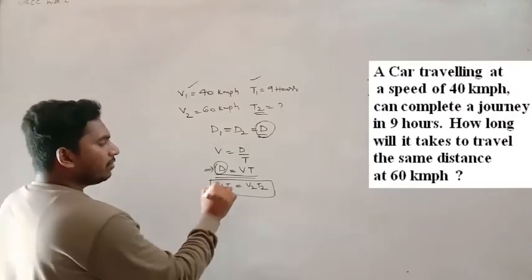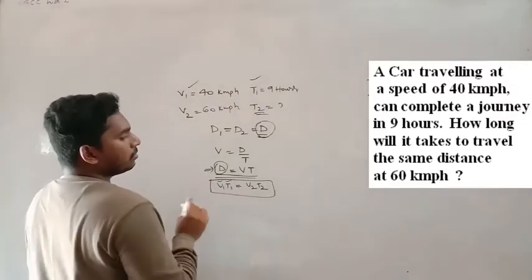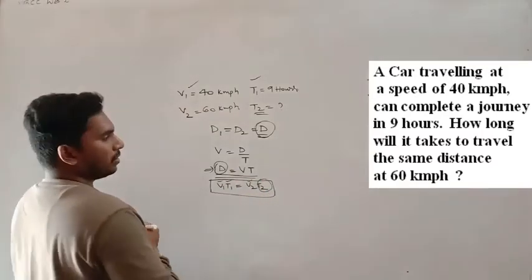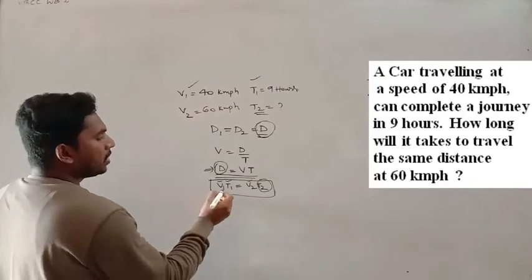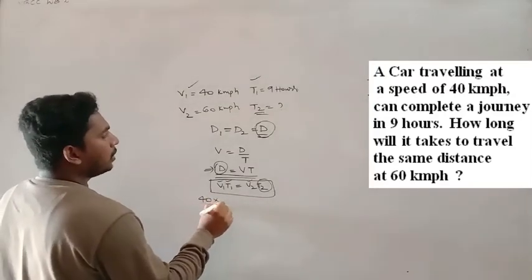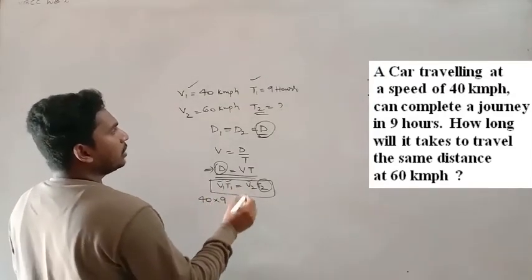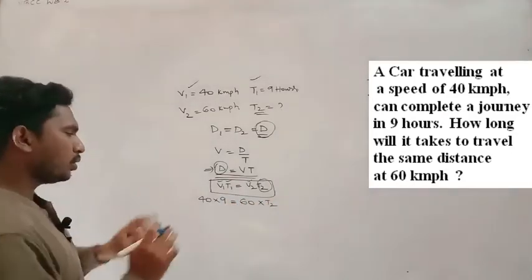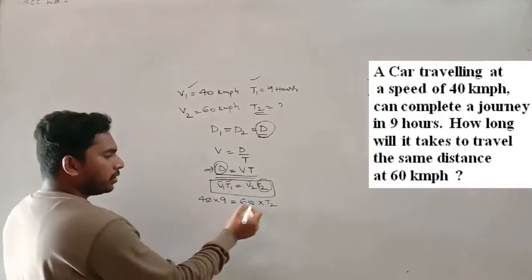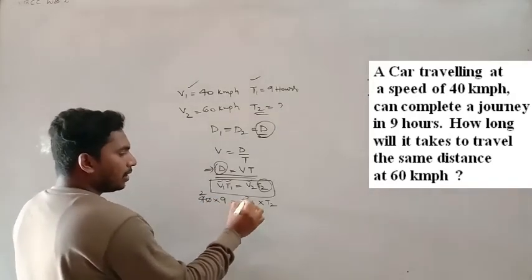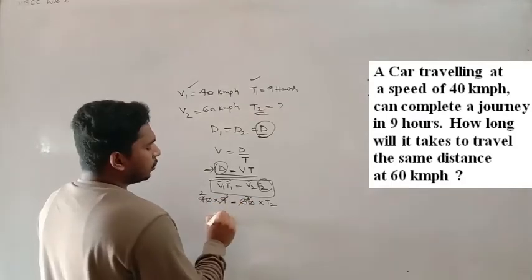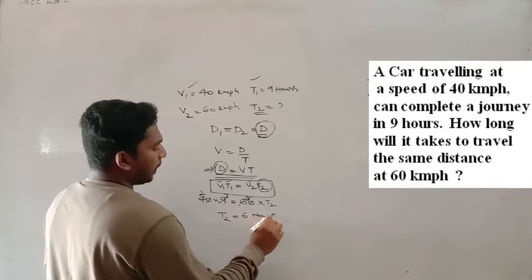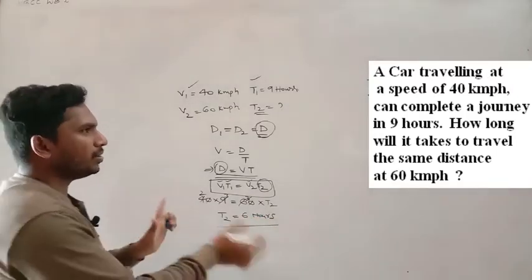You know v1, t1 and v2, so it is easy to find t2, just a very simple substitution. v1 is 40, t1 is 9, v2 is 60, and t2 we need to find. If you just do the cancellation, t2 will be 2 3s are 6 hours. This is how you have to solve.